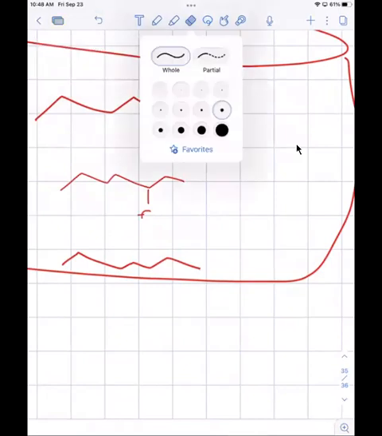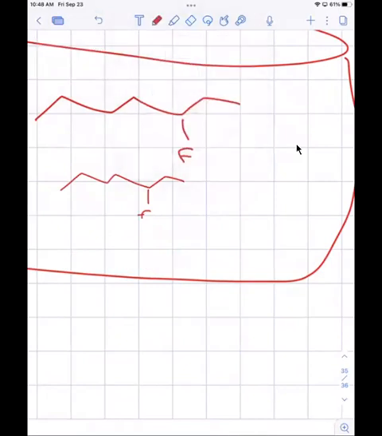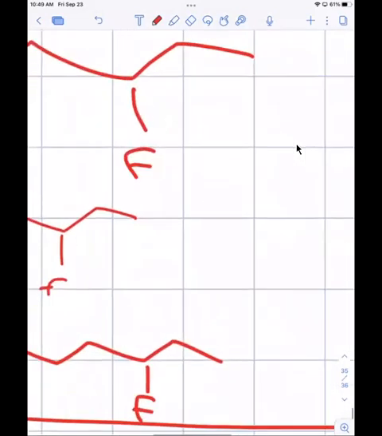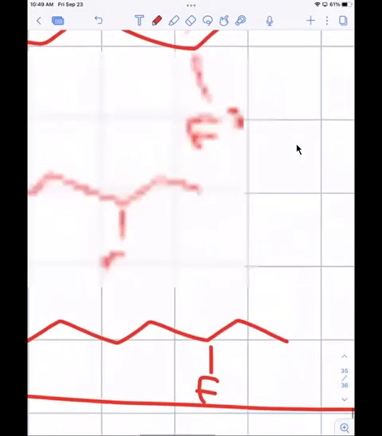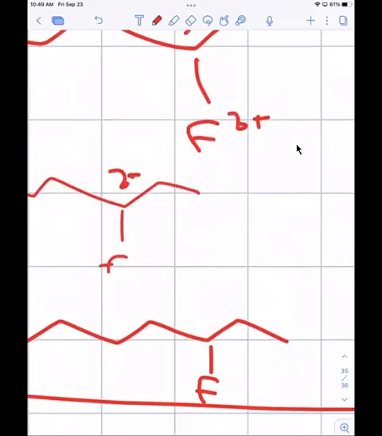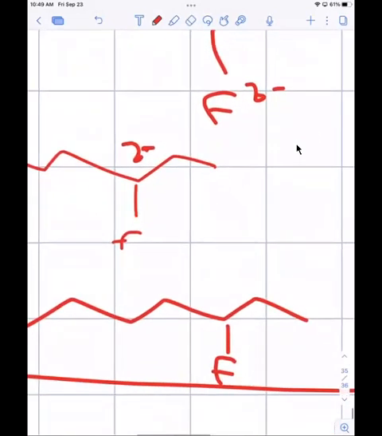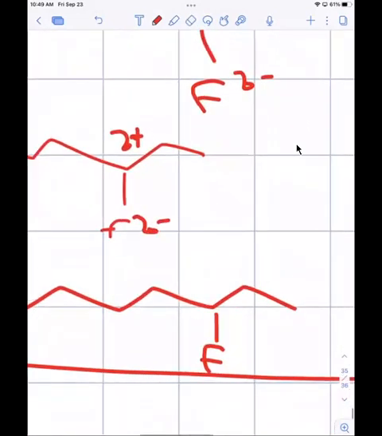All right, so there's a dipole here. Oh, backwards. This is partially negative. That's partially positive. Partially negative.